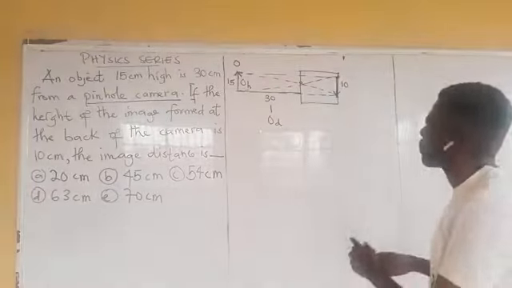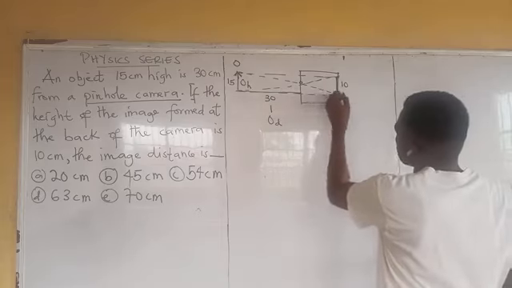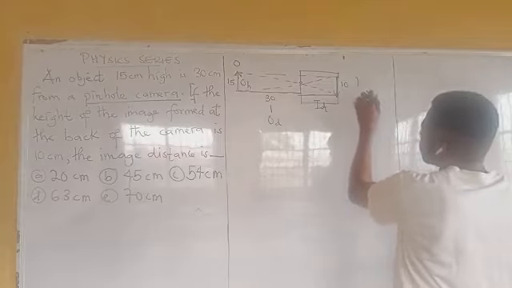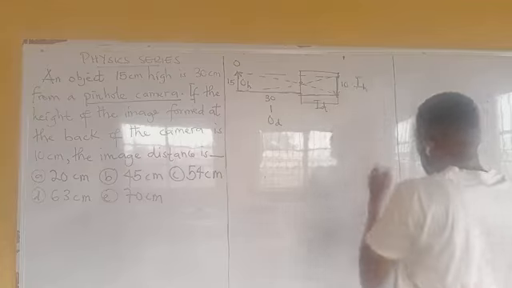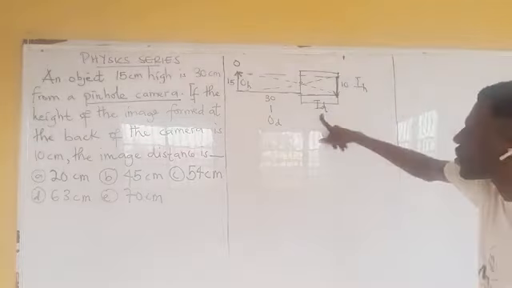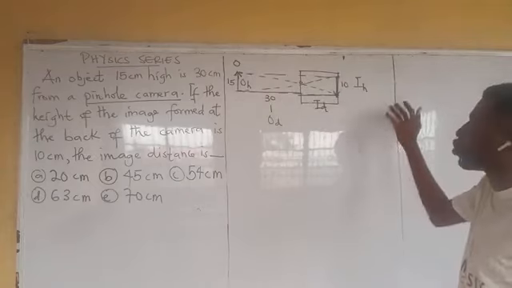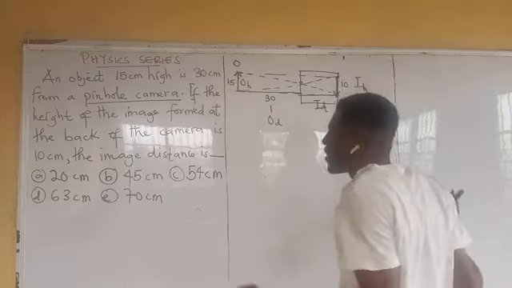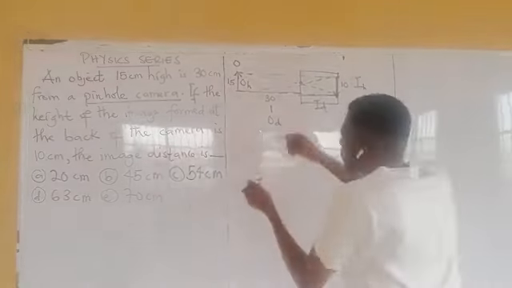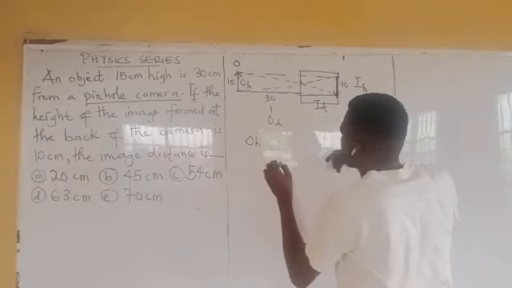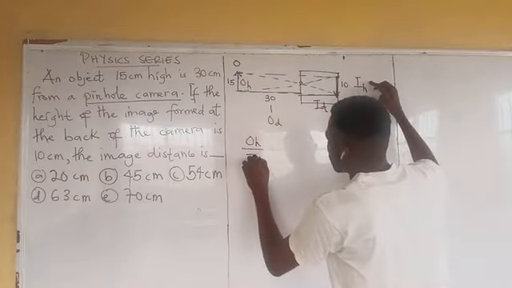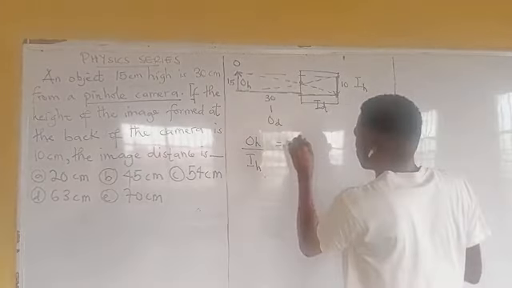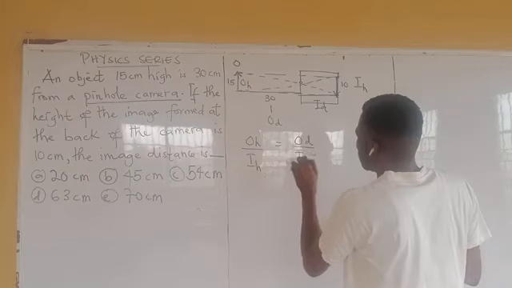Find the image distance. The image distance, which will be the distance from here to there, let's call it ID, and this is the IH, the image height. All we need to do to get ID, the image distance, is to establish a relationship between these. We'll just use height and distance. So we can have object height relative to image height, which is equal to object distance relative to image distance.